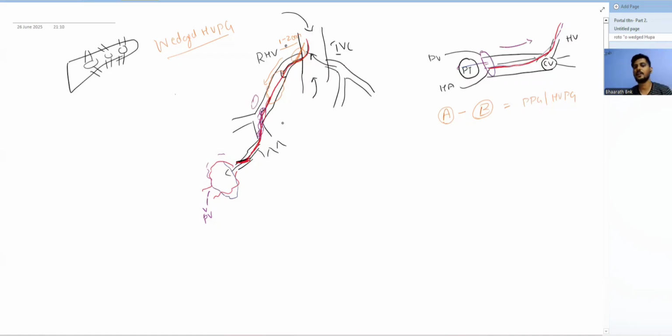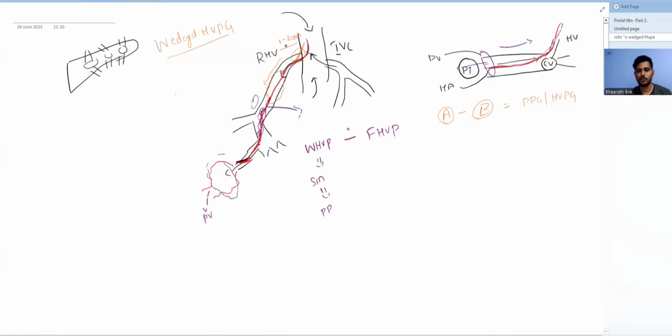So when it is freely in the hepatic vein, what pressure you measure there is closest to the inferior vena cava. So that is a free hepatic venous pressure, right? So the one that is closest to the sinusoid is a wedged hepatic venous pressure, which eventually represents the sinusoidal pressure, which eventually represents the portal pressure, right?